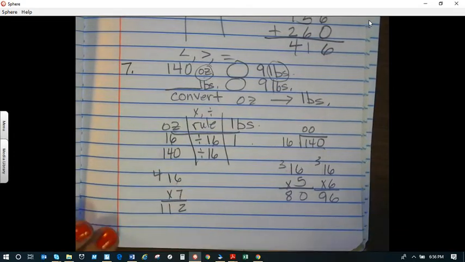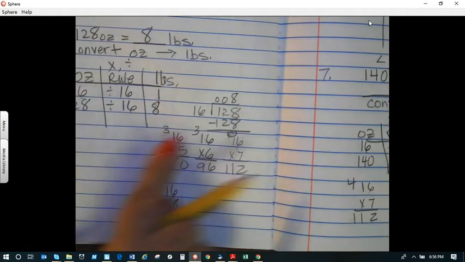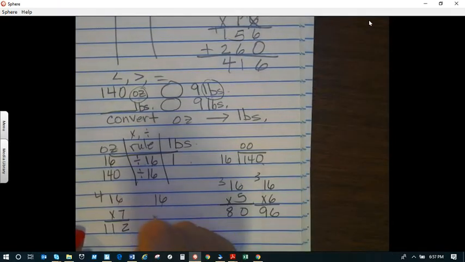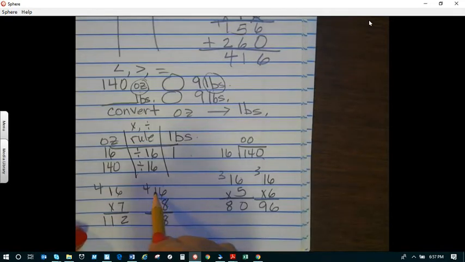And I think we just did this one over here. So if you have your math, you can reference over here. Okay? So now I'm at 16 times 8. 6 times 8 is 48. Carry my 4. 8 times 1 is 8, plus 4 is 12.